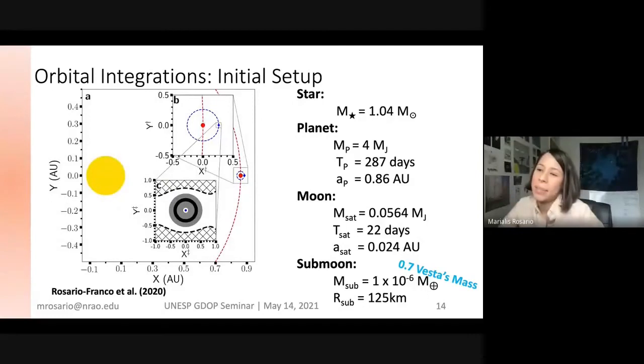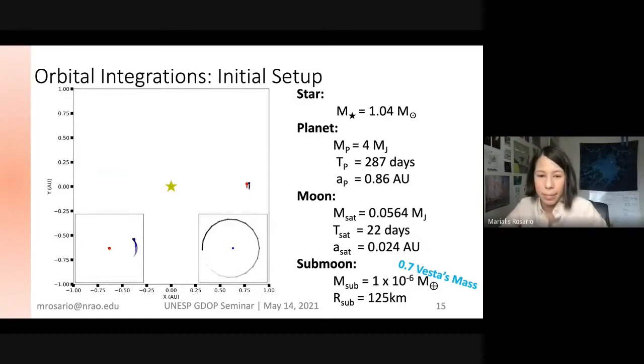And in panel C, we have more specifically the regions around the moon that we explored for the possibility of a submoon. I really want to mention that the only thing that is to scale here is the size of the orbits, not the radius of these objects. They've been made bigger so that you can see the setup.